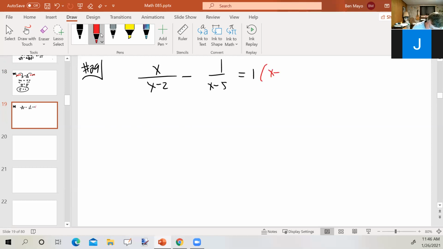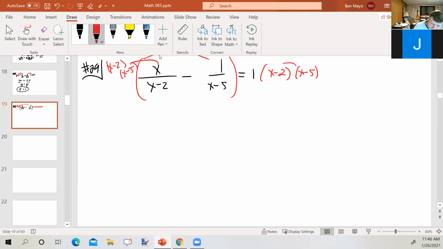So we're going to multiply x minus 2 times x minus 5 on this side, and over here, x minus 2 times x minus 5.